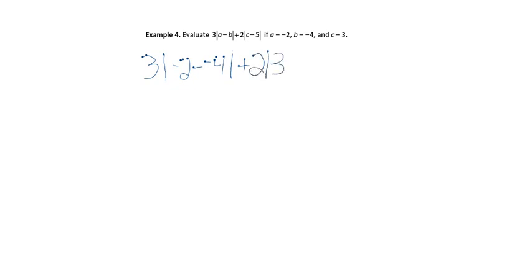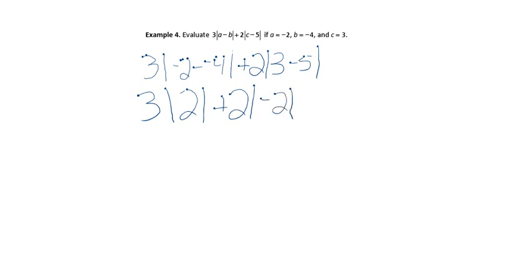C, which is 3. And we have a -5. So I work inside my grouping, so inside my absolute values. Well, -2 minus a -4 gets me a +2. And then 3 minus 5 is going to get me a -2.